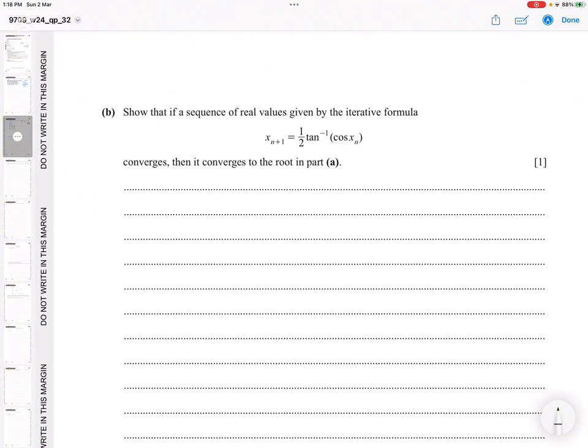B part. Show that if a sequence of real values given by the iterative formula converges, then it converges to the root in part A. So we can remove the subscripts, the n plus 1 and n, these are known as subscripts.